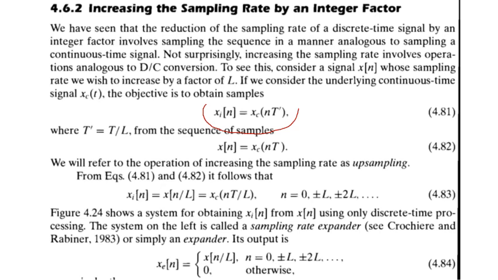Interpolated discrete time signal is basically equal to xc at t dash, where t dash is equal to t by L. So we are increasing the samples in time. We are increasing the samples in time because we are expanding the signal in time. So once we expand the signal in time, it will compress in the frequency domain.